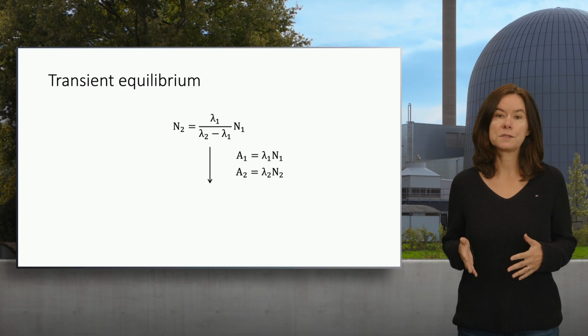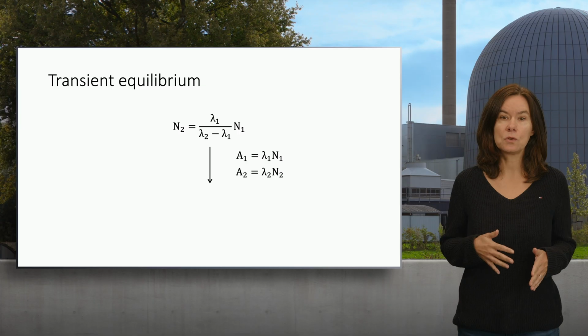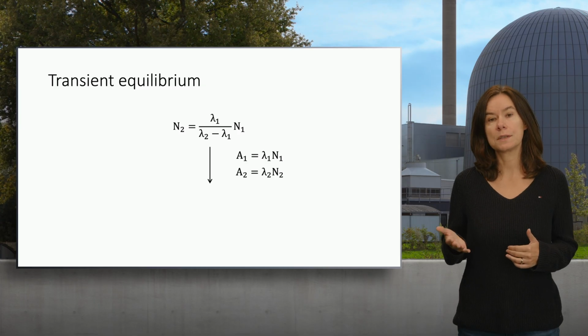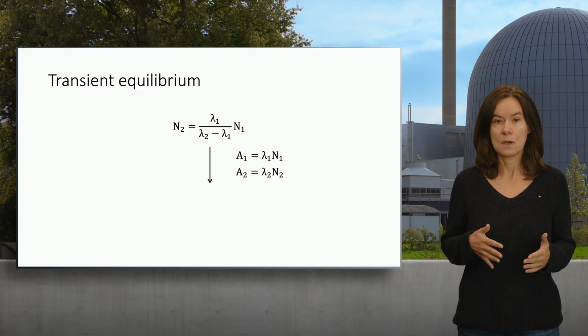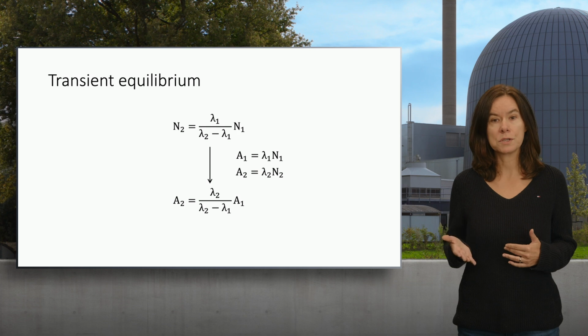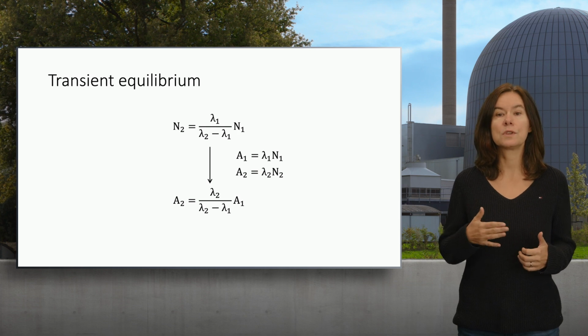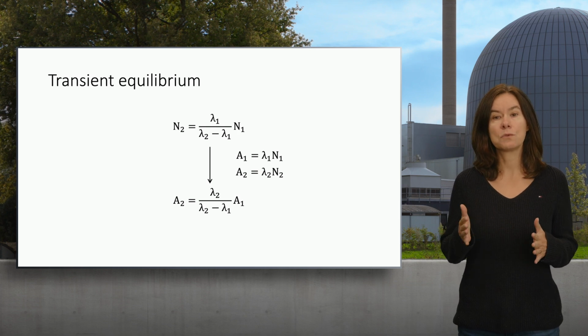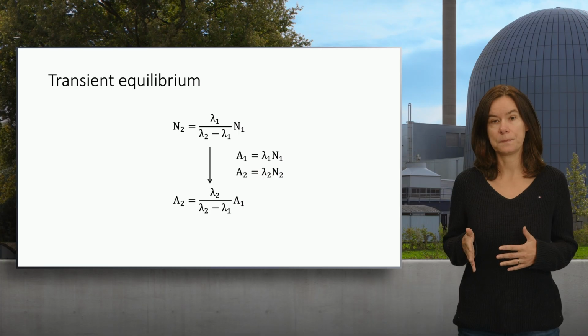We can also modify this equation to determine the activity of the daughter by using the link between activity and number of atoms, which results in the following equation that links the activity of the daughter to that of the mother when transient equilibrium has been achieved.